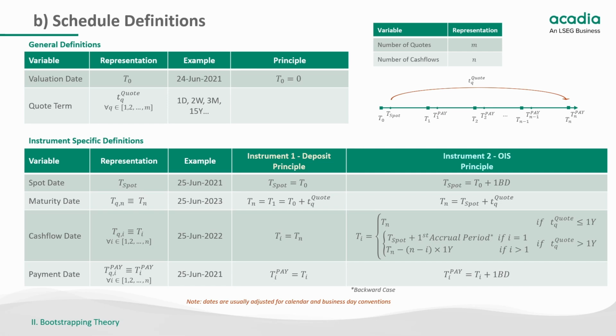And one smaller point, it is not explicitly shown here, but the dates are usually adjusted according to a specific calendar and business day conventions. In our case, it has been set to modified following, which means that if the cash flow date initially calculated falls on a Saturday or a Sunday or on a holiday, we roll the date forward to the next business day according to the current calendar, which in our case is set to TARGET.